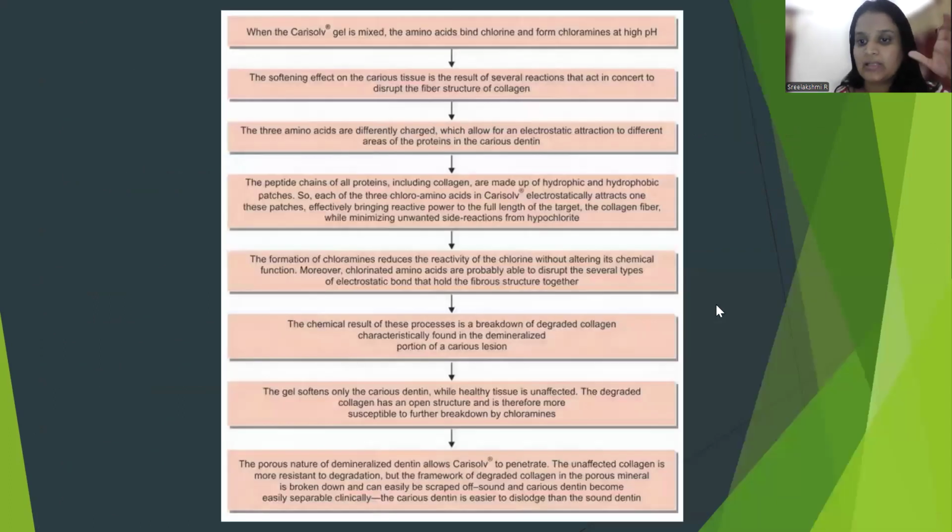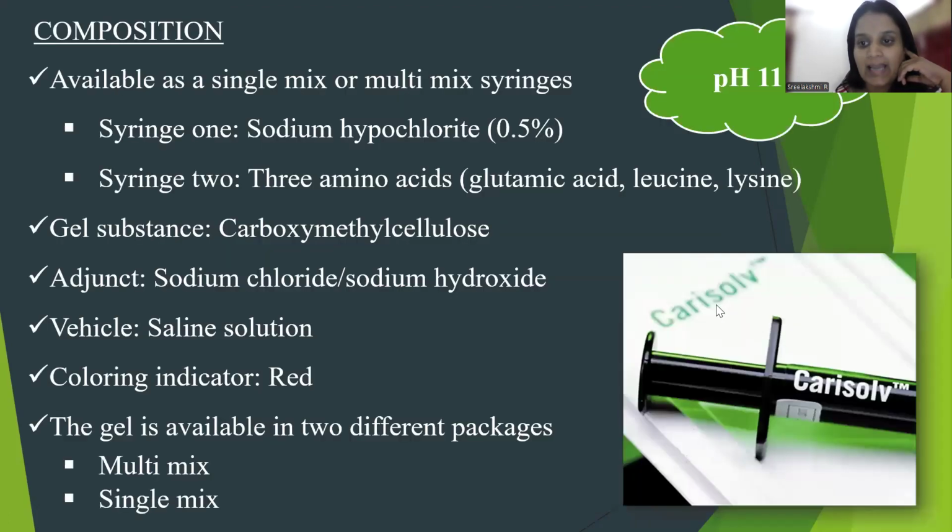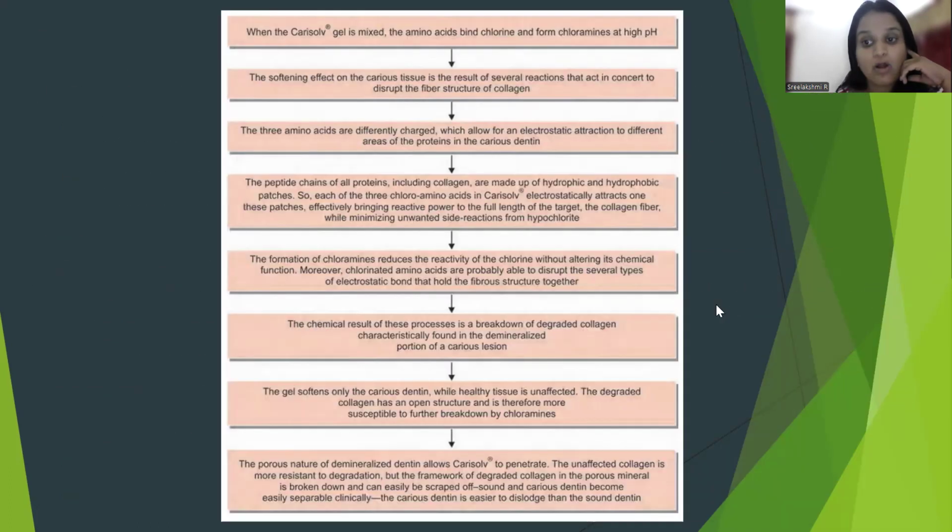So how will Carisolv act? When Carisolv is mixed, the amino acids bind with the chlorine and form chloramines at high pH. The softening effect on the carious tissue is a result of several reactions that act in concert to disrupt the fiber structure of the collagen. As I told, there are three amino acids present in Carisolv, that is leucine, lysine, and glutamic acid, instead of aminobutyric acid in Caridex.